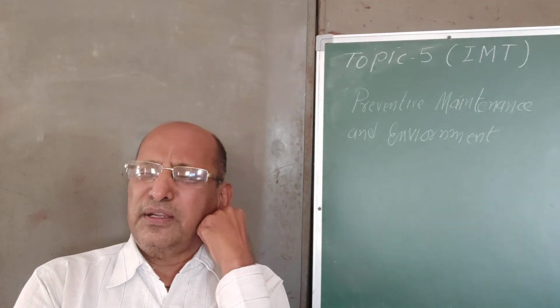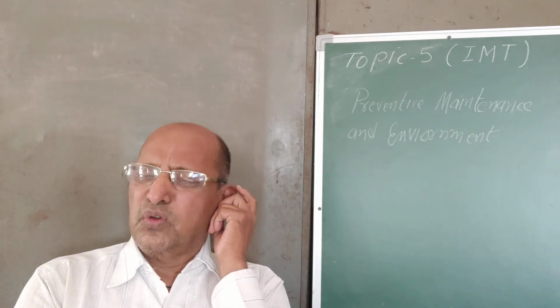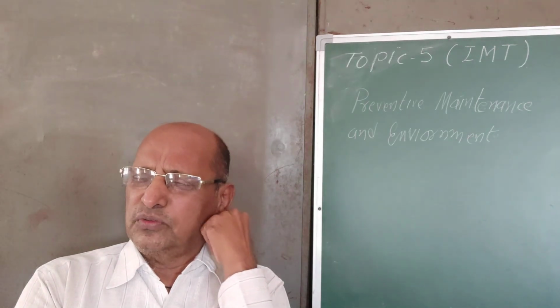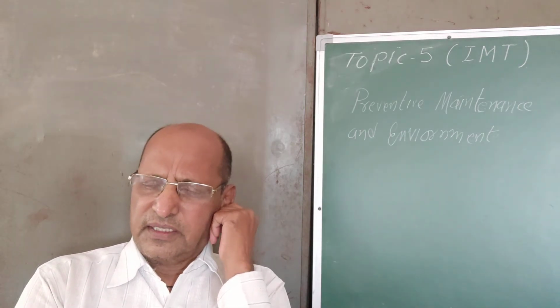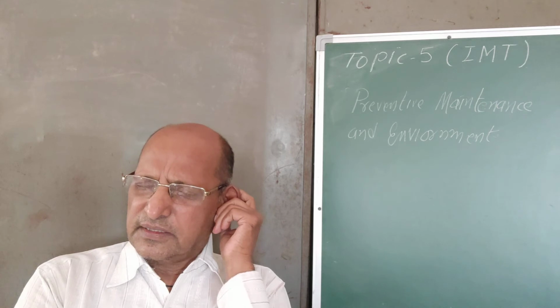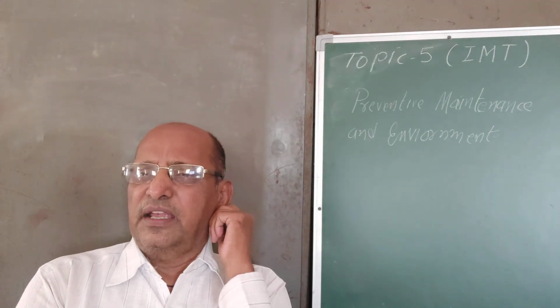In a thermal power plant, the maximum exhaust is obtained from the chimney. So the smoke gases are there, as I have told you: carbon dioxide, oxides of sulfur, oxides of nitrogen, oxides of other materials contained in the coal, and the fly ash.